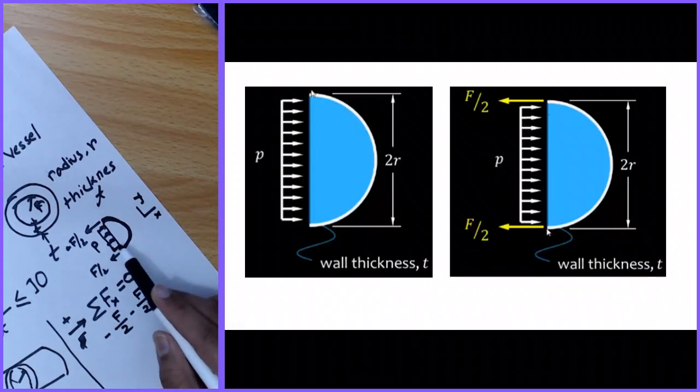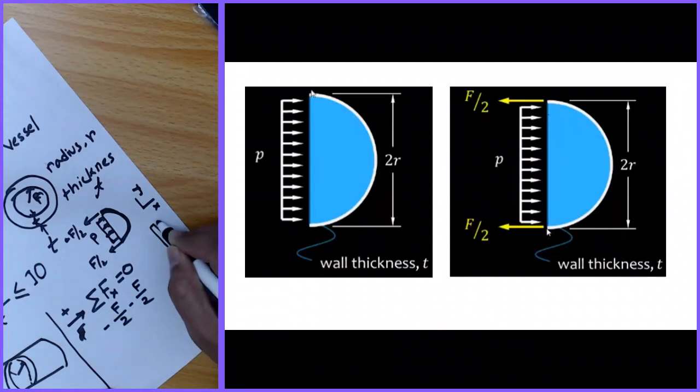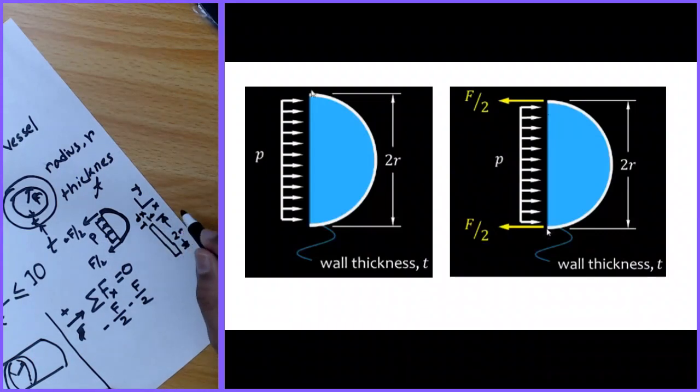This pressure acts on a strip whose length is twice r, and whose width is dx.